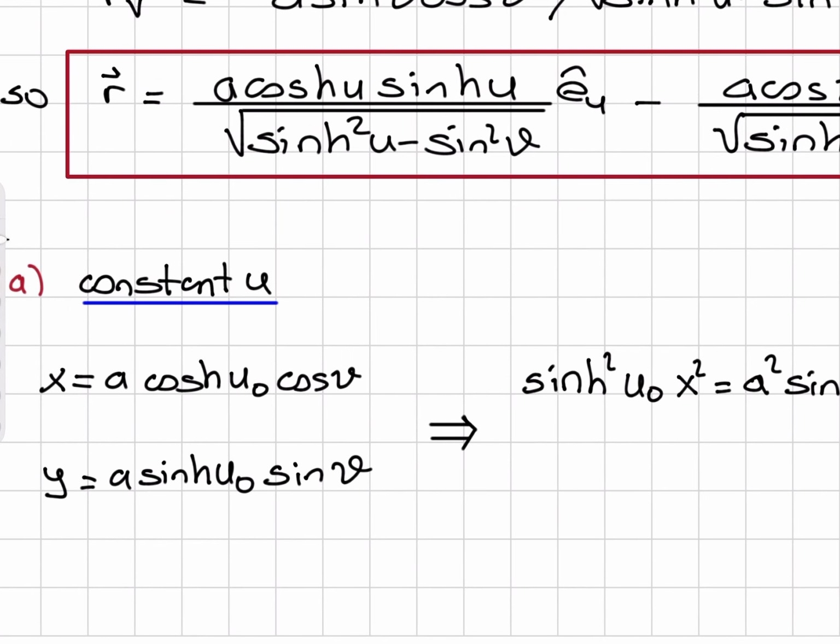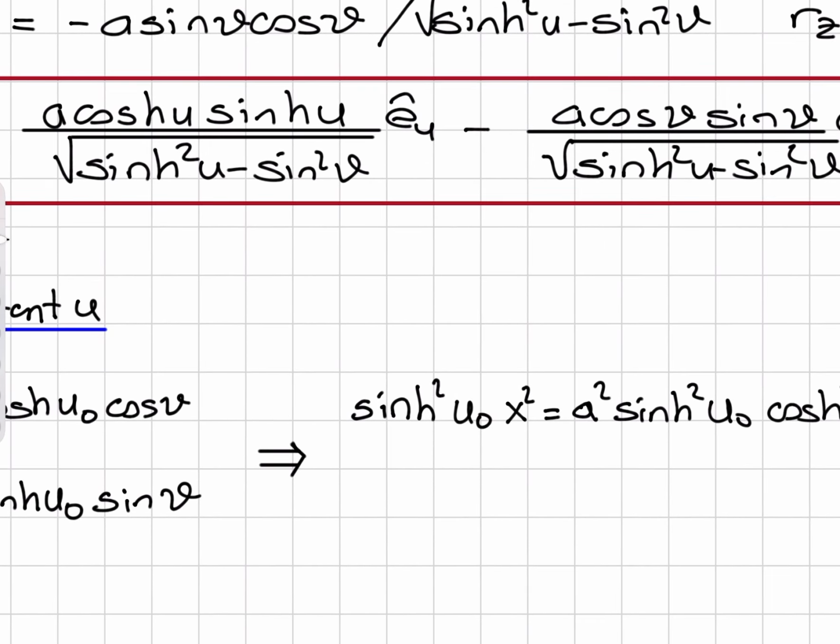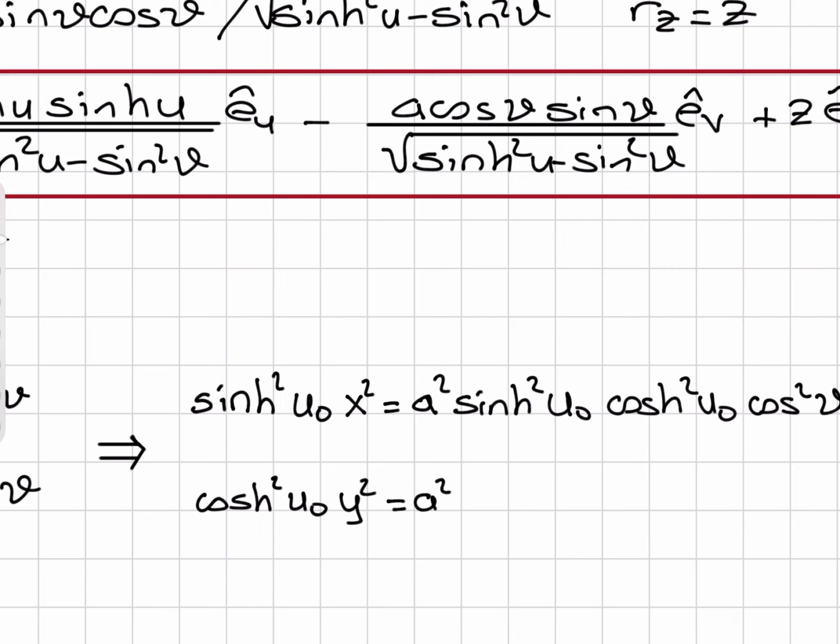Now for y, I'm going to multiply it by cosh square u0 and also take the square of this equation. So I will have cosh square u0 y square is equal to a square sinh square u0 cosh square u0 and sin square v.